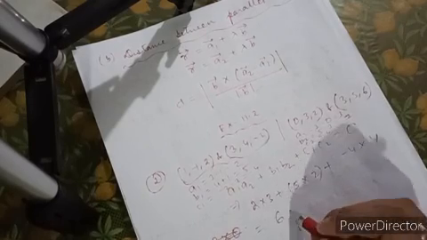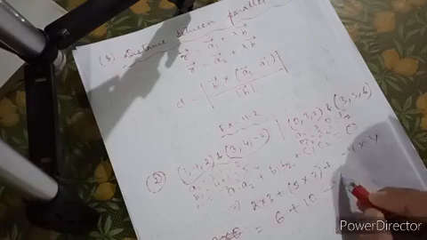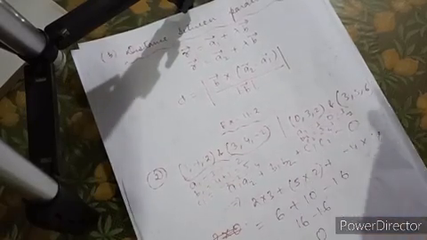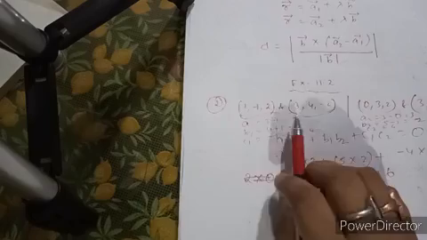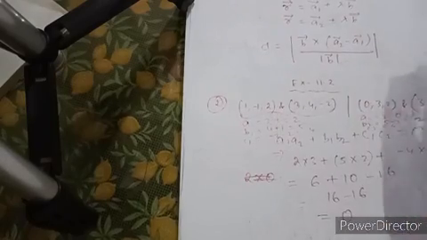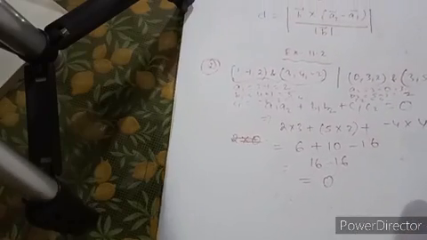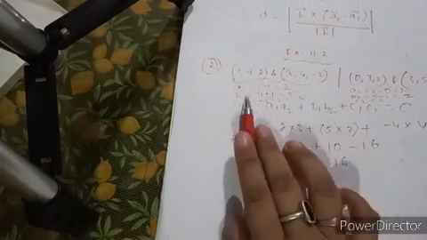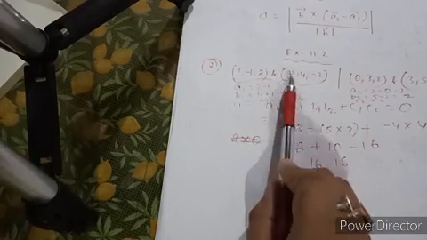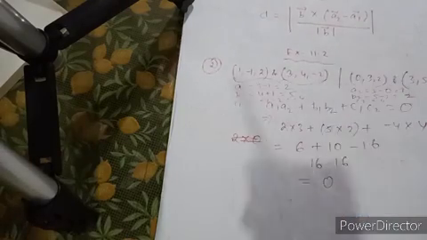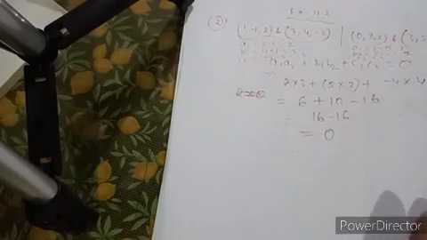So this is 6 plus 10 minus 16. What is it coming here? 16 minus 16, that is coming to be 0. That means we can conclude that the lines passing through these points are perpendicular, isn't it? All of you know how to calculate direction ratios, subtracting the first coordinate from the second coordinate, which we discussed in my previous video.